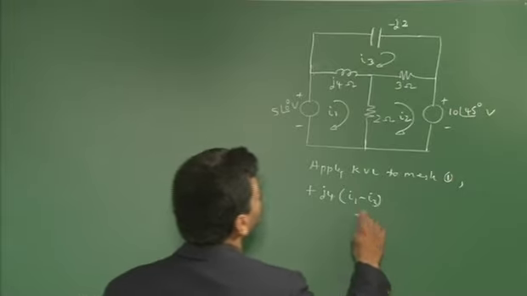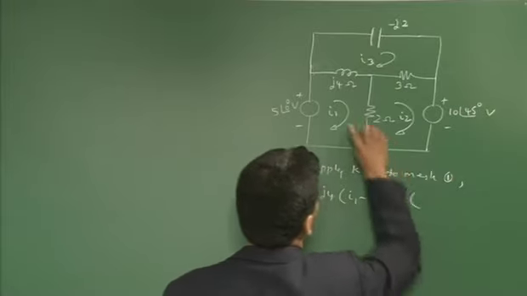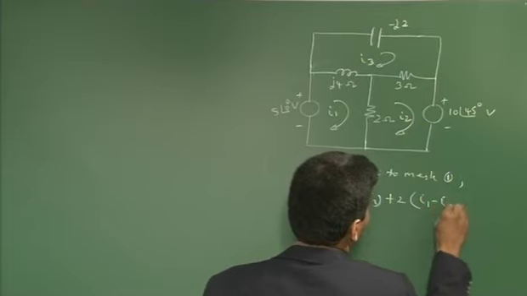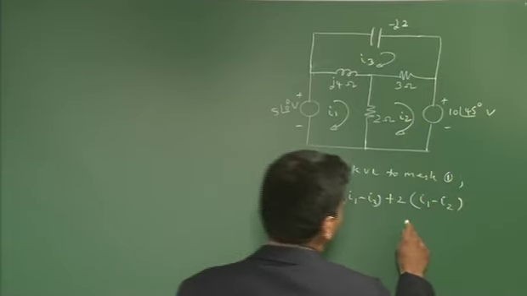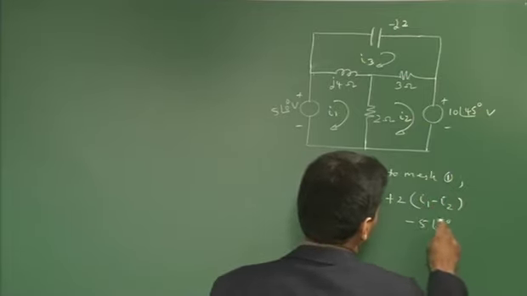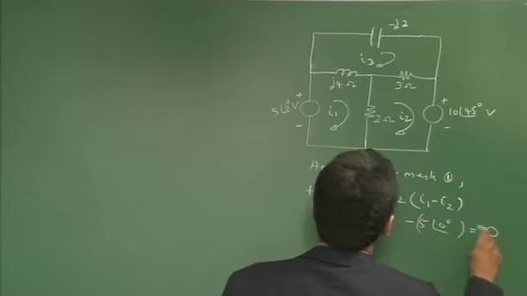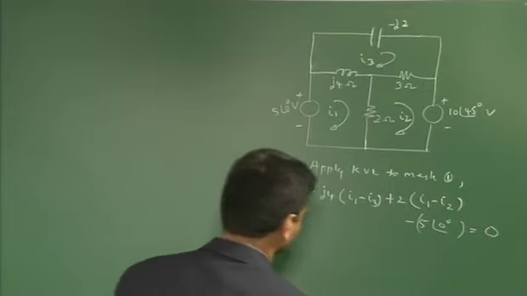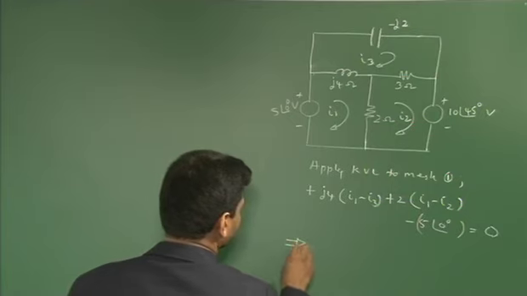So, J4 into (I1 minus I3) plus 2 into (I1 minus I2), then minus 5 at an angle of 0 degrees is equal to 0. There are 3 components, we are done with this. Next, we will properly arrange this equation.